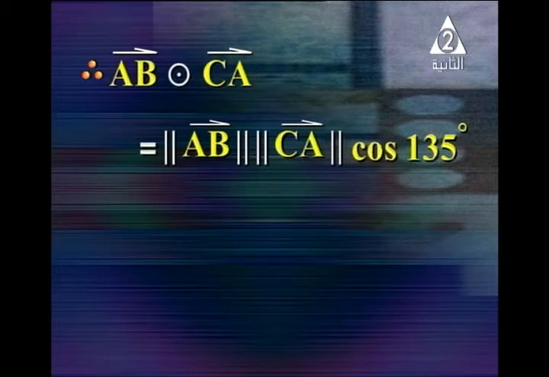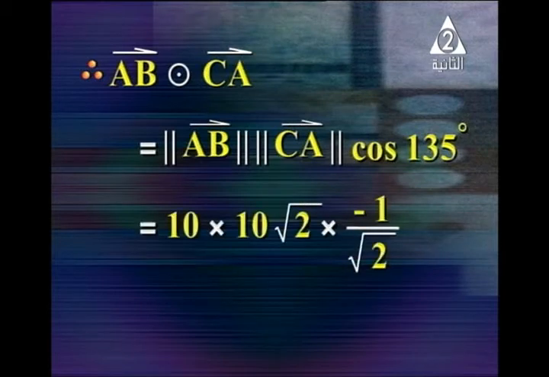AB vector is 10, but CA, the diagonal, equals 10 root 2. Then by substitution, 10 times 10 root 2 times negative 1 over root 2, the answer is negative 100.